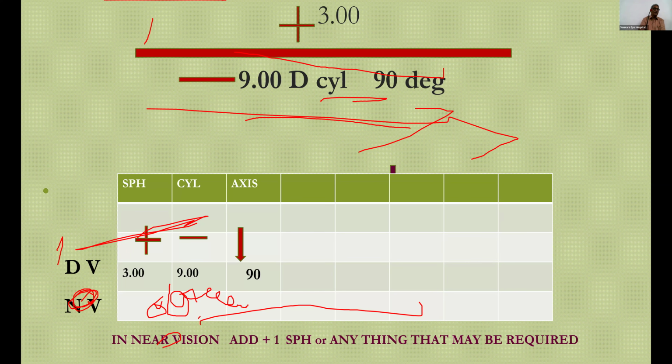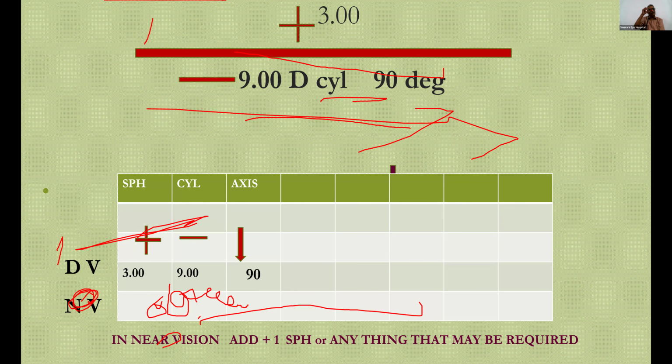Suppose I ask you, without moving the lens, how do you find out whether it is minus or plus? Take the lens, suppose Pratik is the examiner. Look at the examiner's head: if the head looks bigger, it is plus; if the head looks smaller, it is minus.